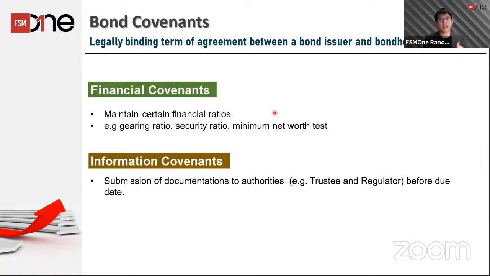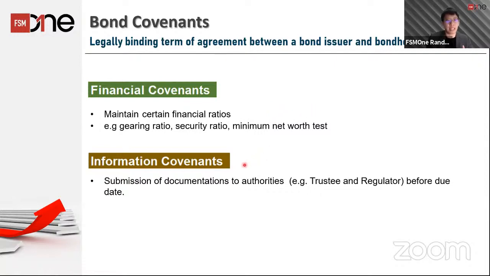In this case, the higher that is, the better, because you have more assets than what you owe to the bondholders or creditors. So I would say financial covenants are actually the indicator and also the warning sign for the bondholders to monitor the issuer's credit profile and credit quality throughout the period.